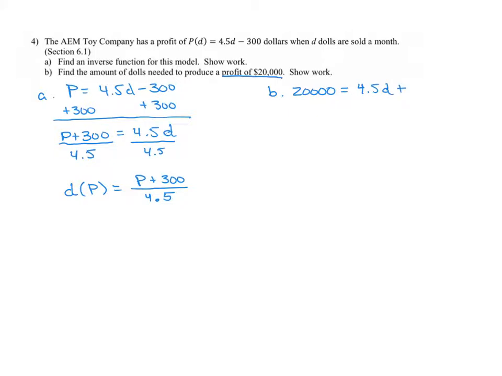We are looking for dolls. Sorry, got a little carried away there. This should be minus 300. So in order to solve for D, we add 300 to both sides.